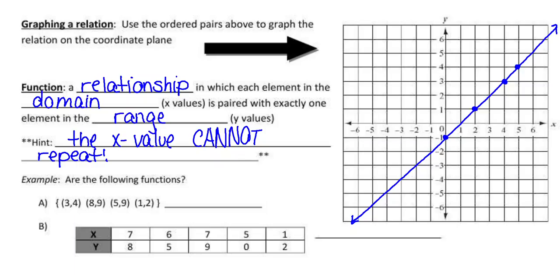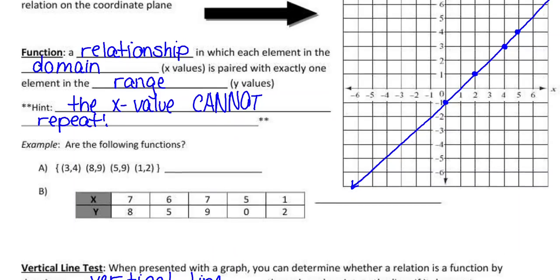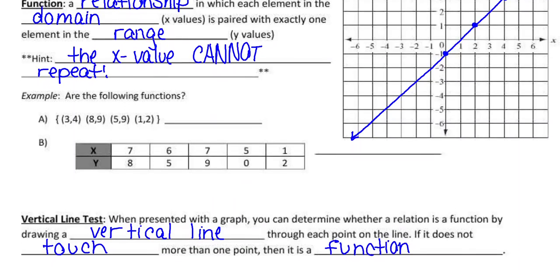So let's look at the example, and we're going to mainly focus on our x values. So are the examples functions? Are they functioning relationships, or is there people cheating? So if I look at this, I'm looking at my x values only. Nobody is repeated, so nobody's cheating. So yes, this is a functioning relationship.